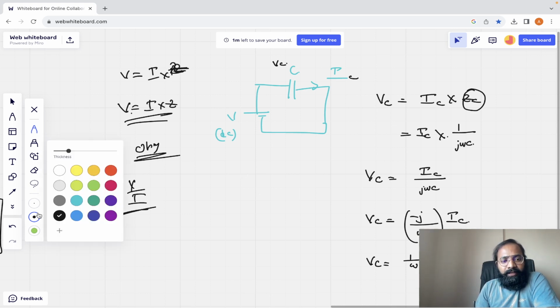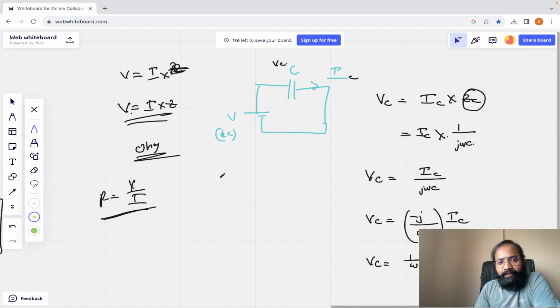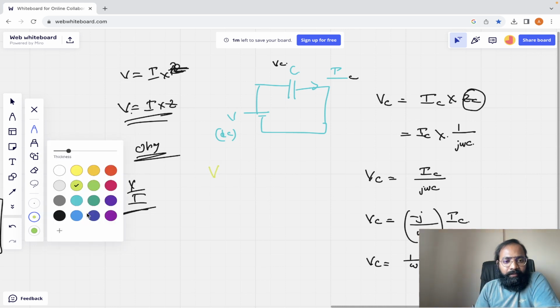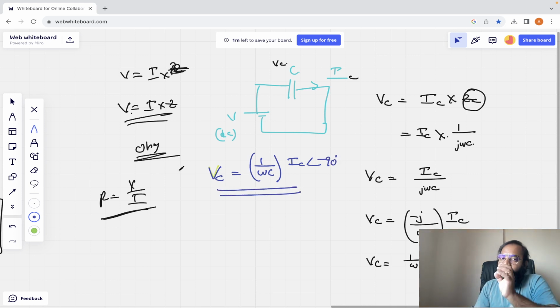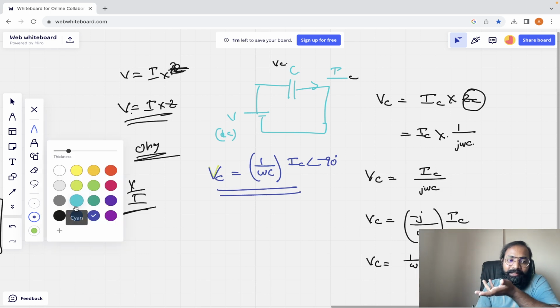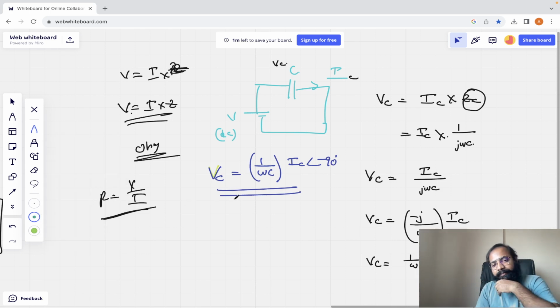So, finally, what's the conclusion I want to tell you is that after going through all these things, the voltage across the capacitance is equal to 1 divided by omega c IC angle minus 90 degrees. You need to stress one point here. Now carefully understand. If IC is 0 degrees, then your VC will be 0 plus of minus 90 degrees.